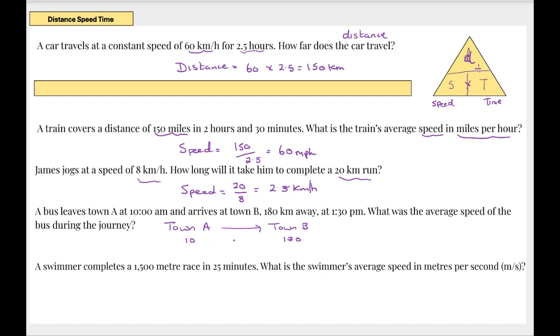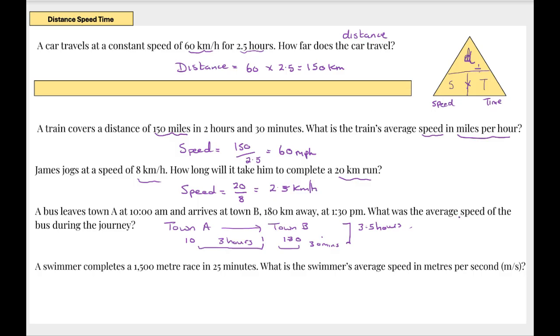So the gap between 10 to 1 is 10, 11, 12... that's 3 hours. And then plus our 30 minutes. So we've got 3 hours 30 minutes. Now, as you know, we need to change this into a decimal. So it's going to be 3.5 hours. So now I've got all the information, I can plug it in.